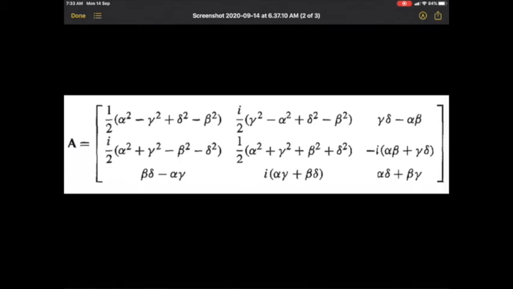This matrix. I have taken it from Goldstein, but you should calculate once in your lifetime and verify that these are the parameters that you get out of it.